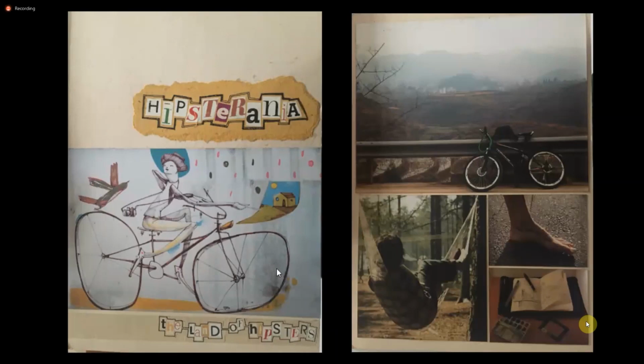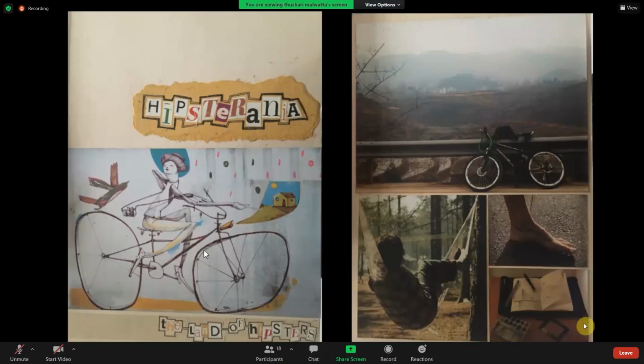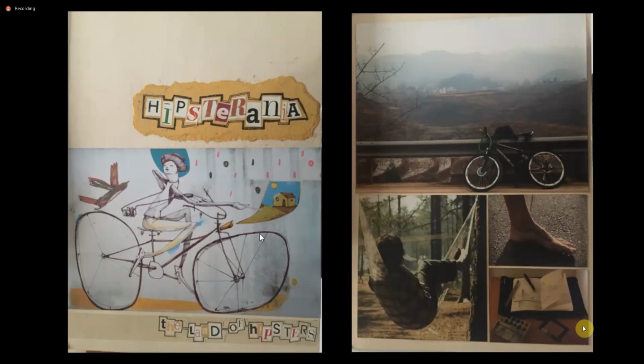With this mood board or concept board, you can get the idea that it is something old, something related with bicycles and hippie culture, something about being down to earth, into nature. That kind of idea you get from this mood board.